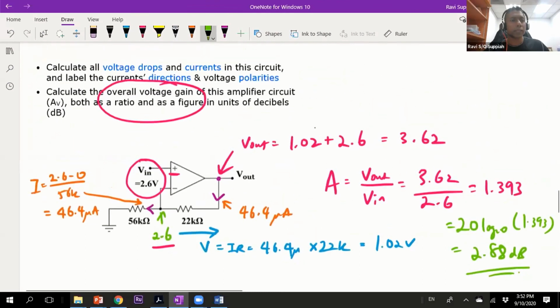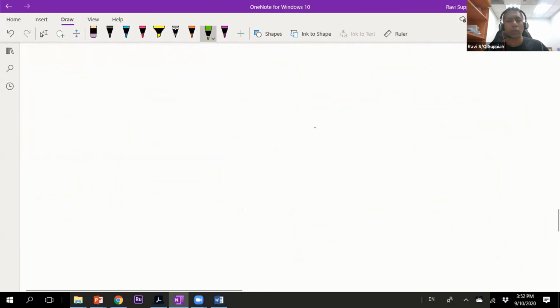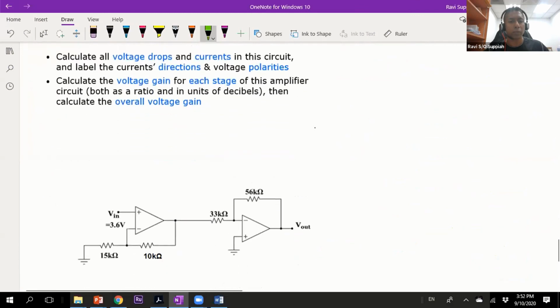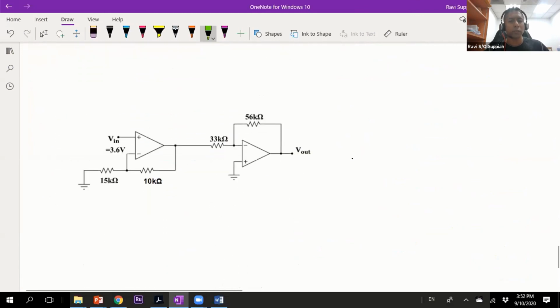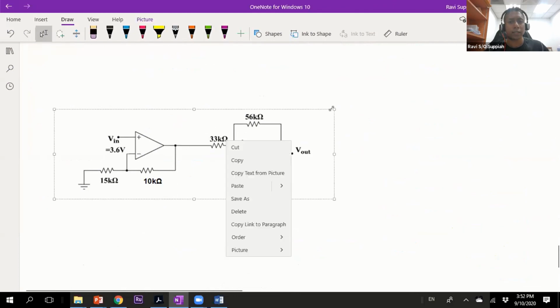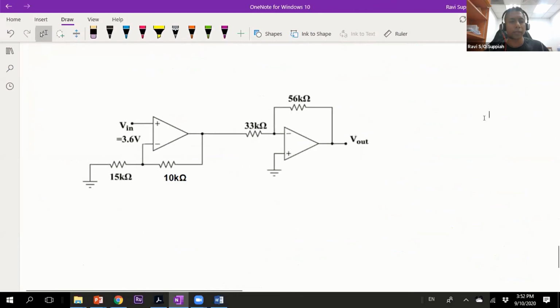So that is basically the first op-amp question. Let me go on to the second op-amp question. This is what we call a cascading circuit. That means you have multiple op amps connected one after another to achieve an overall objective.